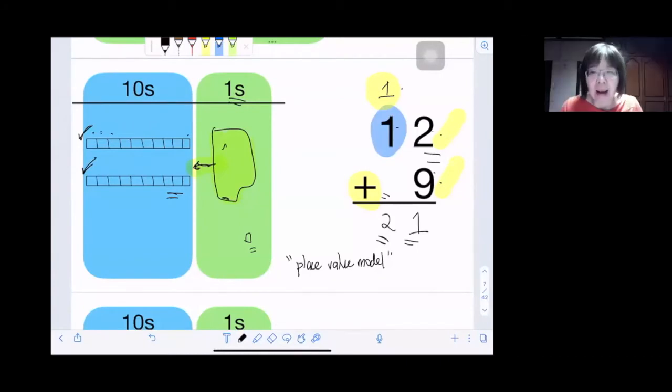So yung pinakita ni Scott ngayon, yung pagka-carry 1, ang ibig sabihin yon, yung 10 na ones are carried to the next place value of 10. That's it. What you're carrying are the 10 ones onto the 10th place. Okay, so yan ang ibig sabihin ng carrying.